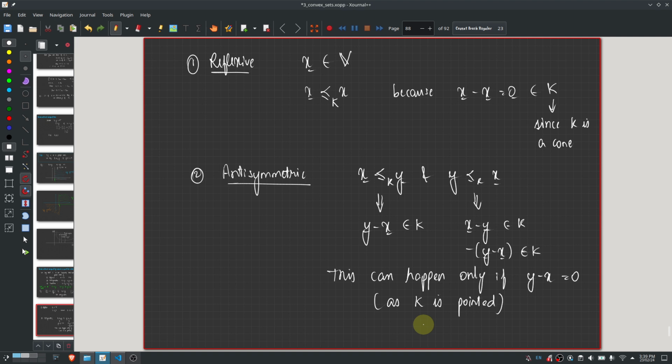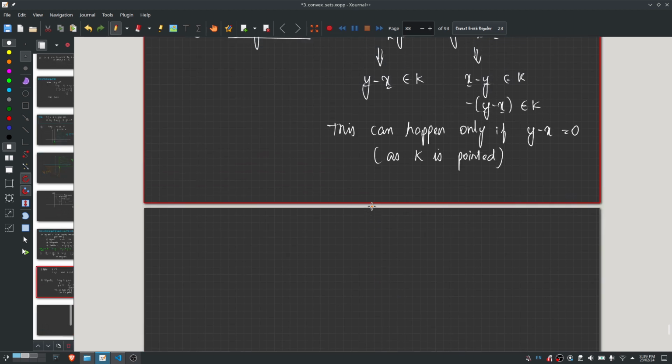So here we've used the property that K is a pointed cone. If it were a general cone, then this is not guaranteed.